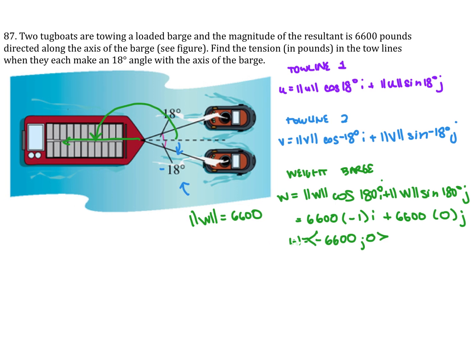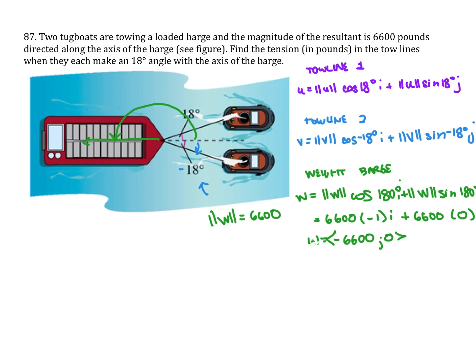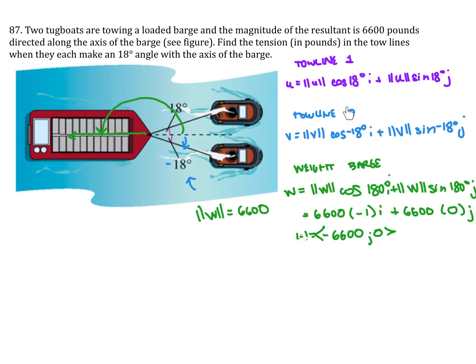So let's write our equation. So we're going to write a horizontal and a vertical. So horizontal is going to include all of our cosines. A vertical will include all the sines. So let me do my horizontal first. Horizontal equation.